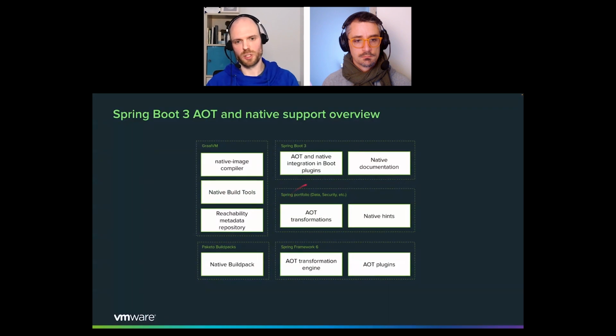Now all the infrastructure which is needed to get Spring Boot 3 and the Spring Framework to work. I'll start at the lower stack. There is an AOT transformation engine in Spring Framework 6. What this means is that it minimizes reflection, because if you take a look at the output of your build process when you compile to native, you see, for example, the Spring Boot banner.